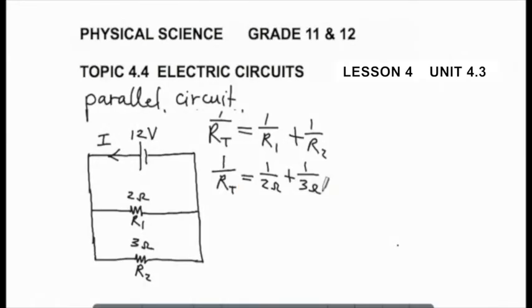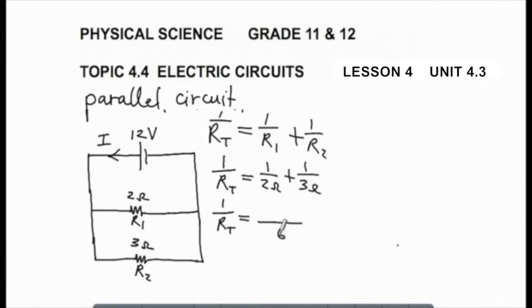Here we can write 1 over RT equals, and we simplify the right side of those 2 numbers that are given. We have 2 fractions, 1 over 2 plus 1 over 3, which means we look at the LCM. The LCM for 2 and 3 is 6.